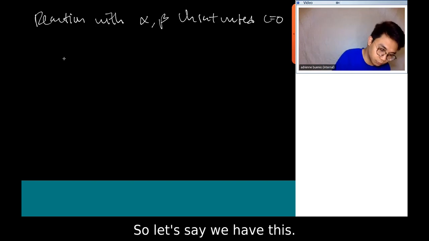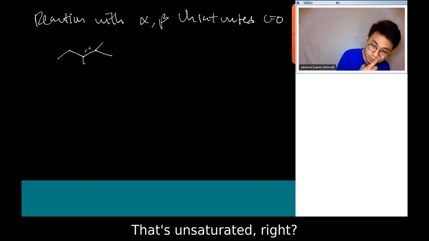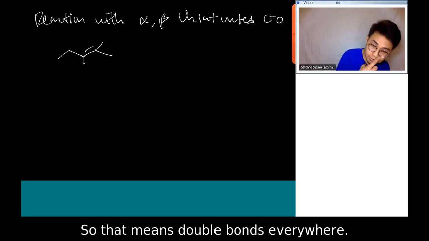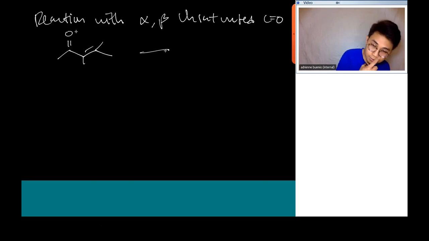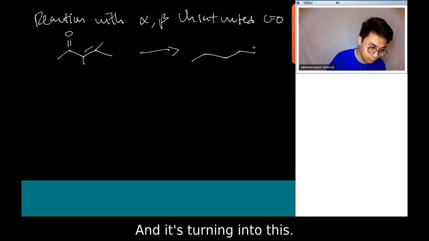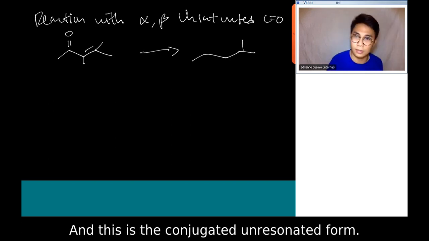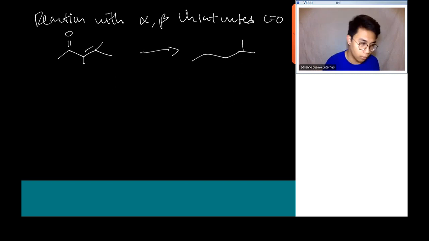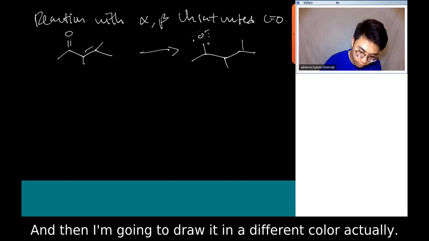So let's say we have this, and it's unsaturated, right? So that means double bonds everywhere, and it's turning into this, and this is the conjugated resonated form. I'm gonna draw it in a different color actually.